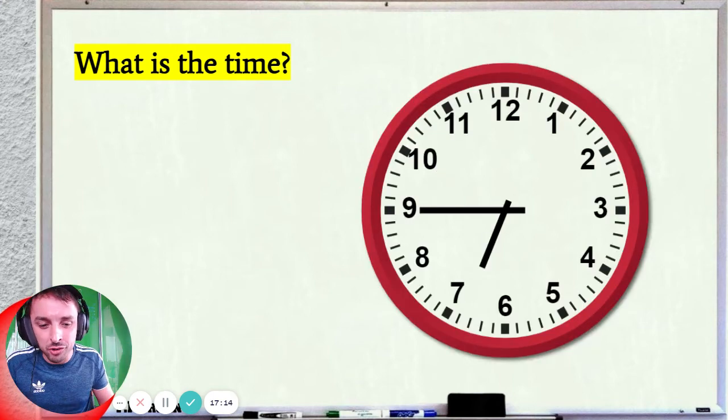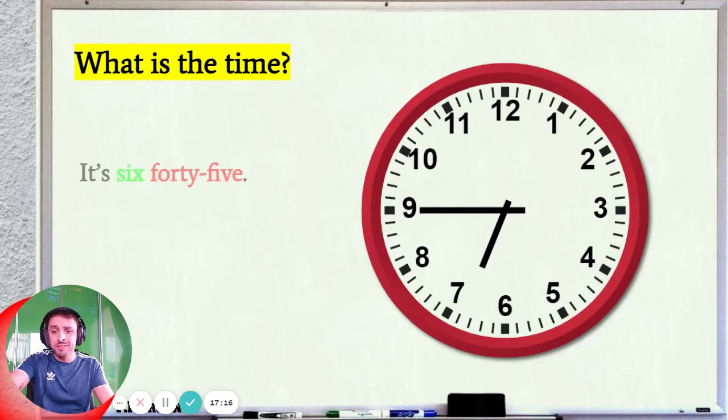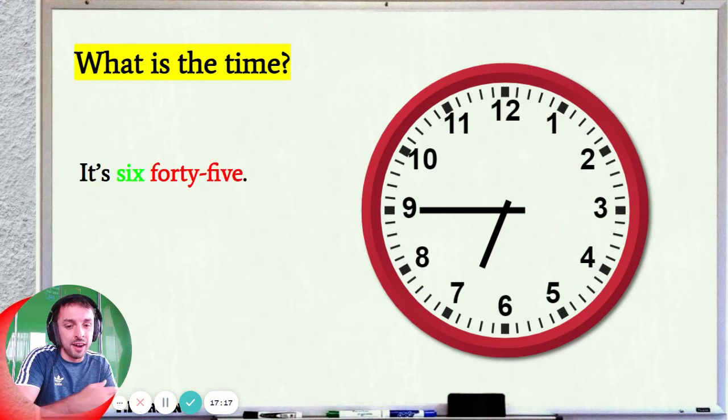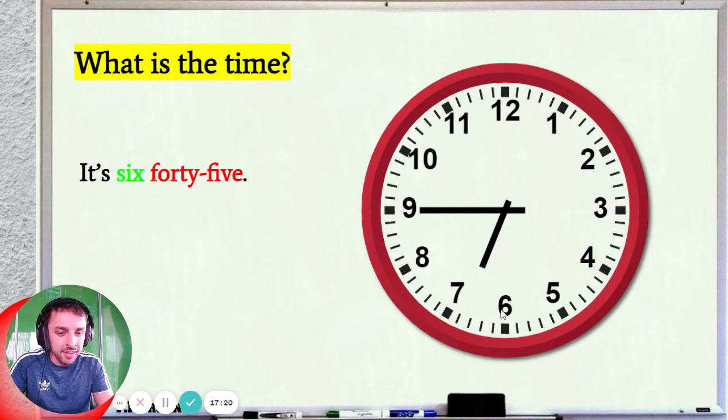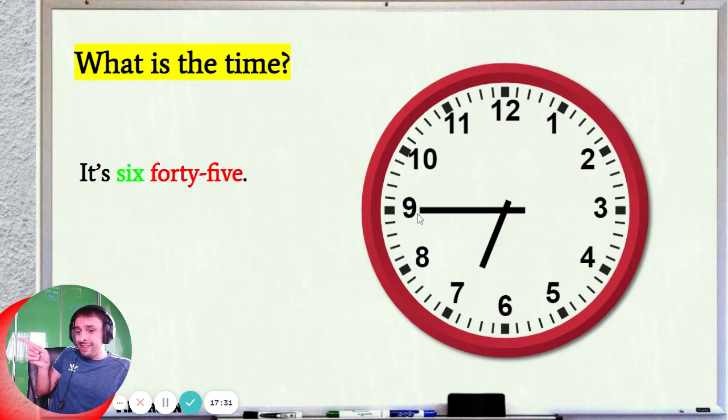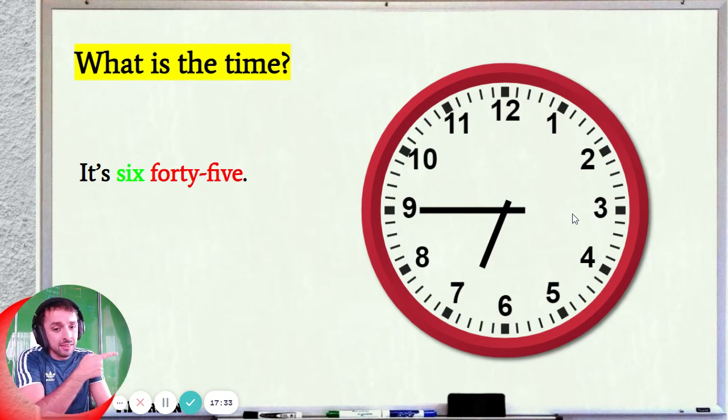What is the time? Here is your clock. So you can say it is 6:45. The hour is 6. The minute's 45. Okay, but what else can we say? What do we say when the big hand is pointing at 9? It's not quarter past.